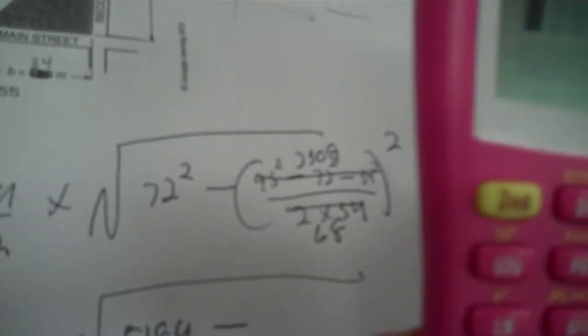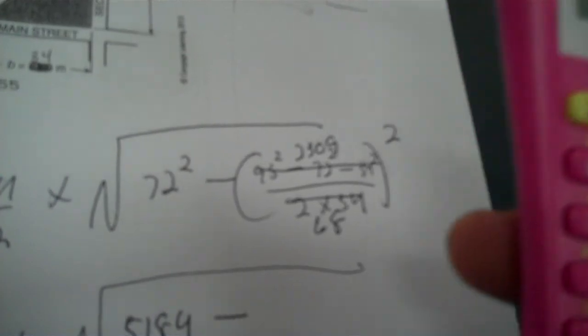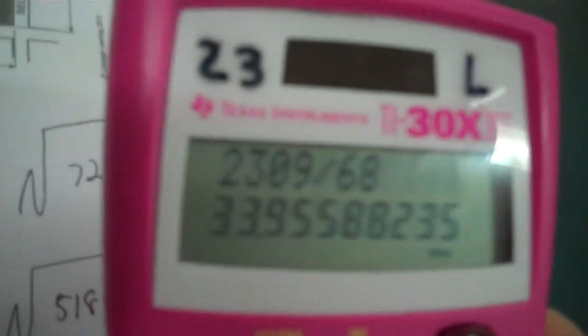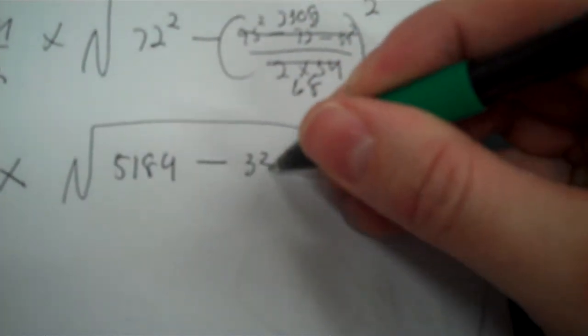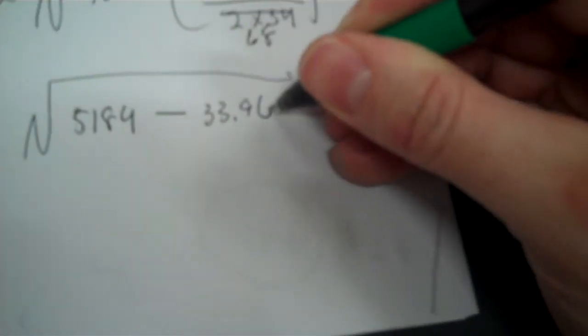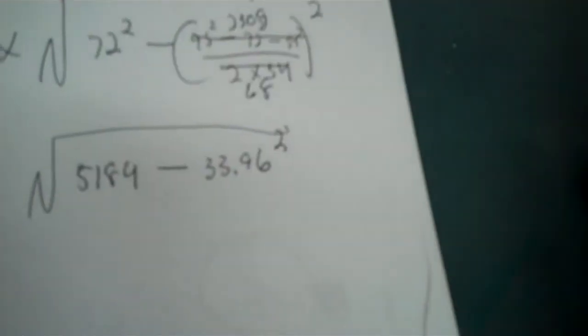So I'm going to take 2,309 divided by 68. You're simplifying that parentheses. You want to get rid of that. 33.96, okay? Round, if they don't tell you what to round to, just go 2. To the second power, don't forget about that.